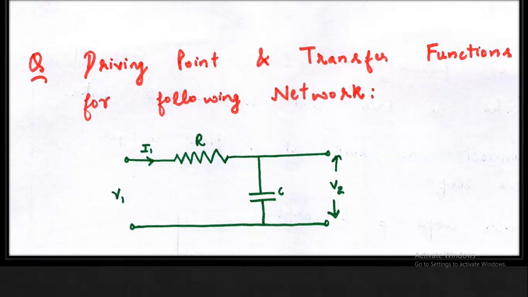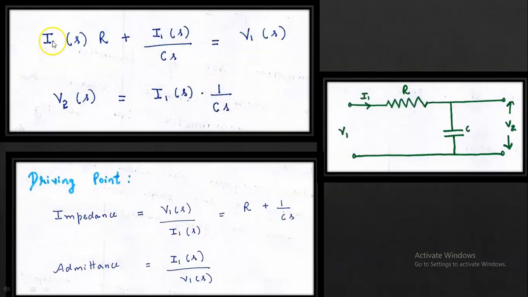So we elaborate this through a numerical here. For this circuit we have to find the driving point and transfer functions. The inputs are V1, I1, and the output is V2. So V1(s) is equal to I1(s) times R plus I1(s) by Cs, and V2(s) is equal to I1(s) by Cs.